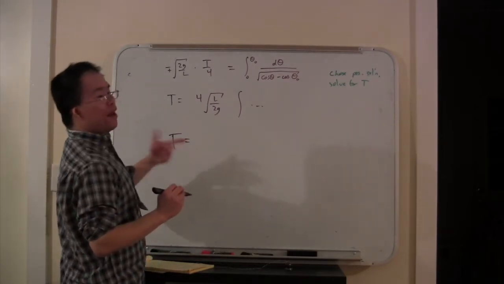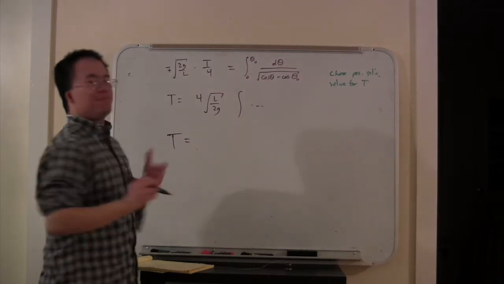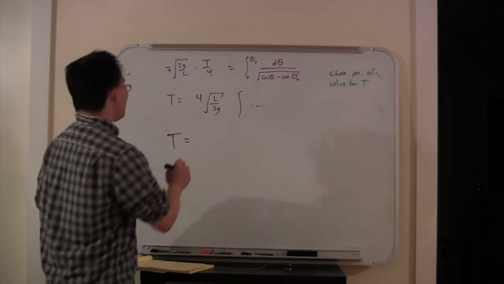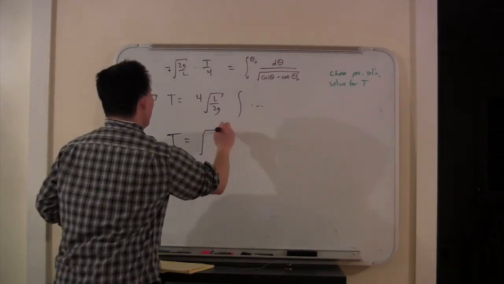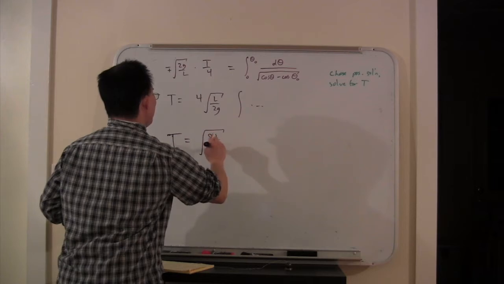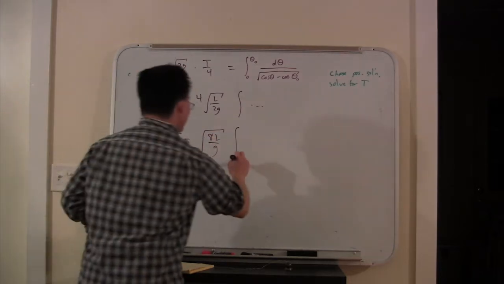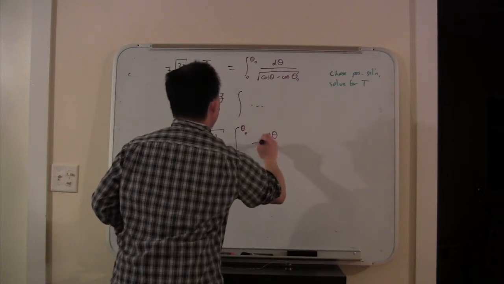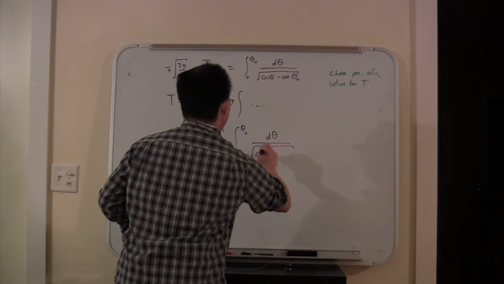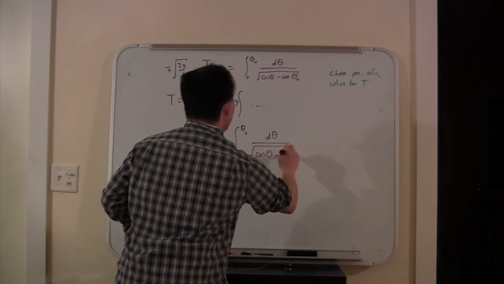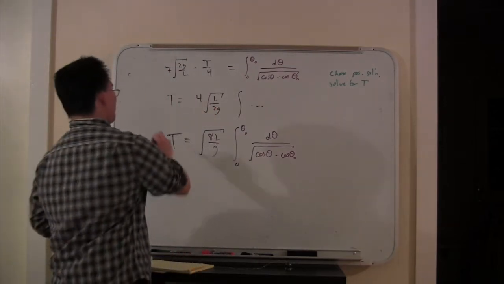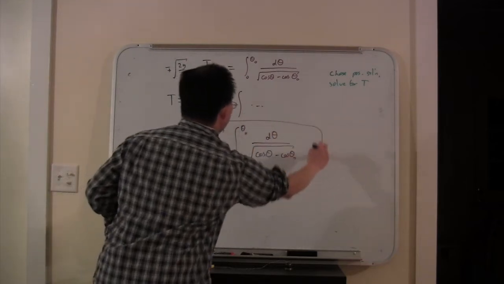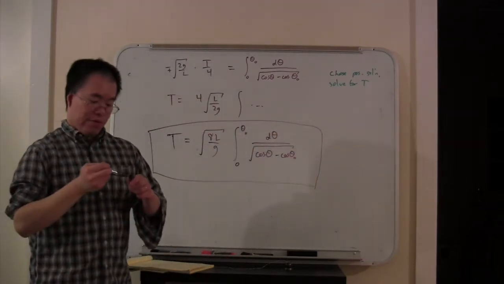Namely, that the period valid at all angles, which your background manual calls T sub AA for all angles, ends up being root 8L over G times this integral from 0 to theta naught, d theta over the square root of cosine theta minus cosine theta naught. This is our main result for today.